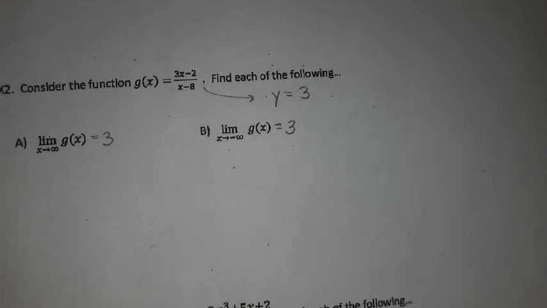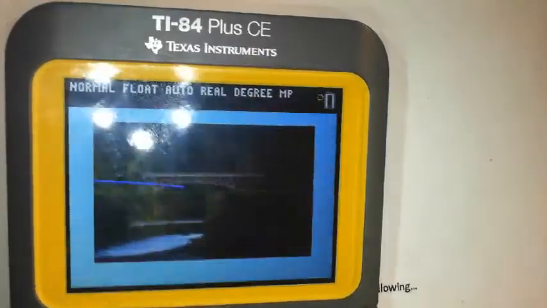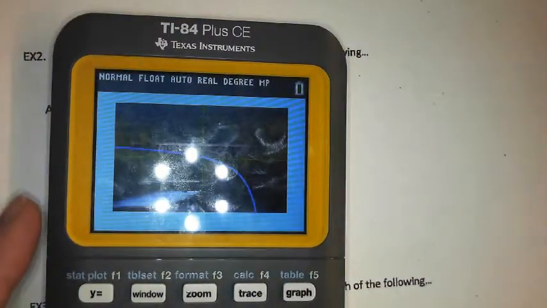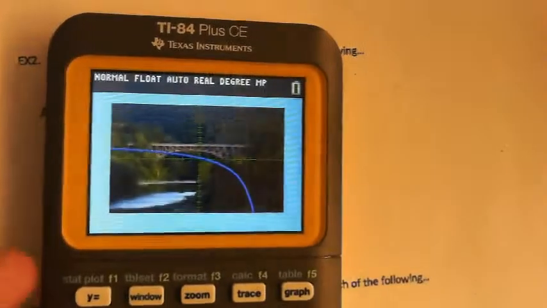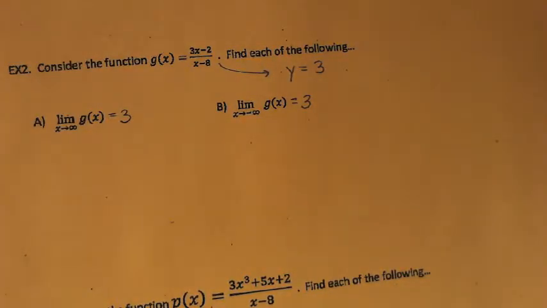3x minus 2, over x minus 8. Here it is. Oh boy, what is that? Hold on, I don't like that background.